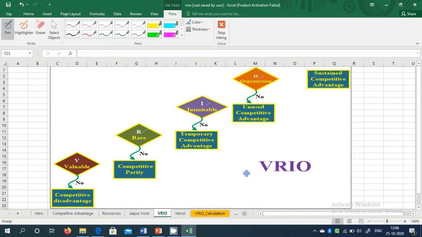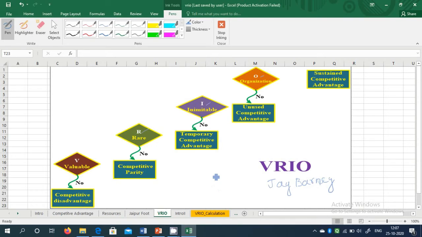This VRIO was proposed by J. Barney, and it is helpful for declaring whether a company has a sustained competitive advantage or not.